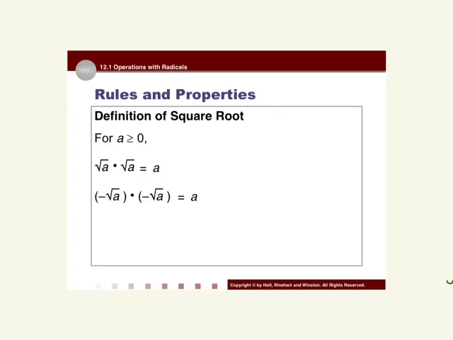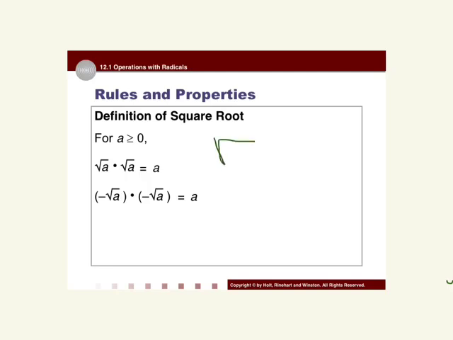We talked about the definition of a square root in class today, so I don't think there's a big need to go over it again, but I want to make two points that are very important for the entire chapter. The first is that the square root of a times the square root of a equals a.